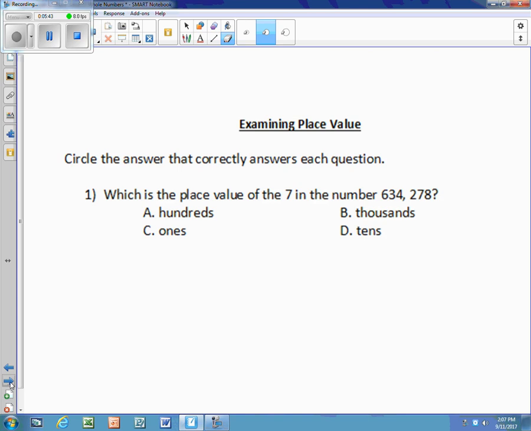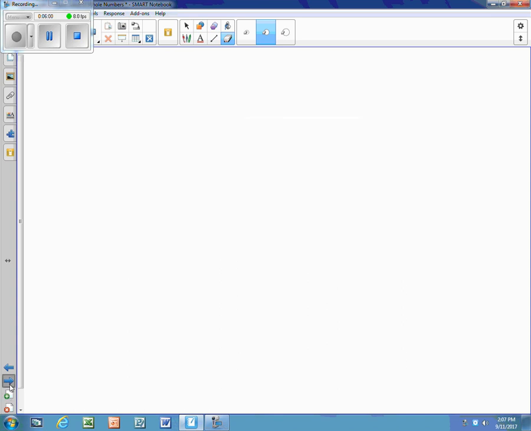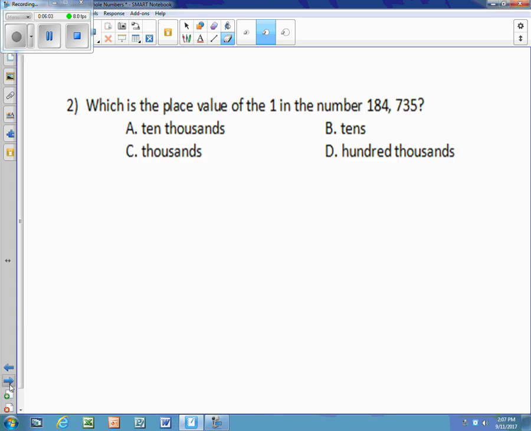Okay, sometimes I'll have a multiple choice question and it says, what is the place value of the 7 in the number? So we see the 7 that's in the number over here. So we're going to count to it. Ones, tens, so we know we have tens. What is the place value of the 1 in the number 184,735?